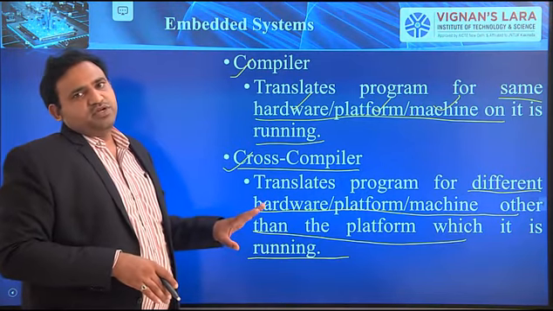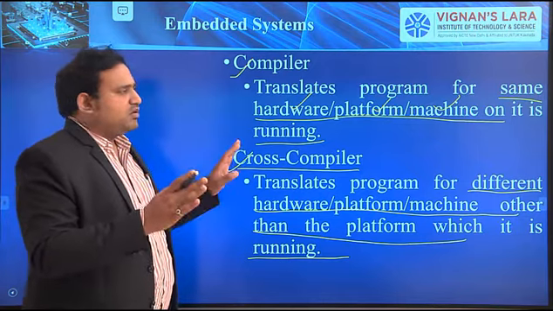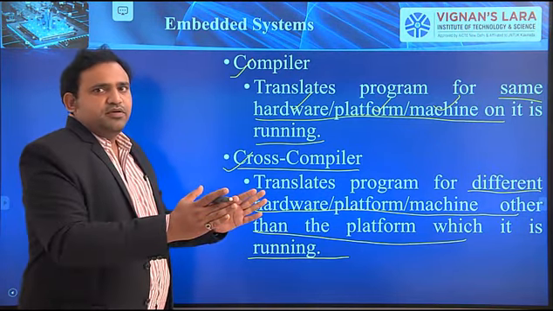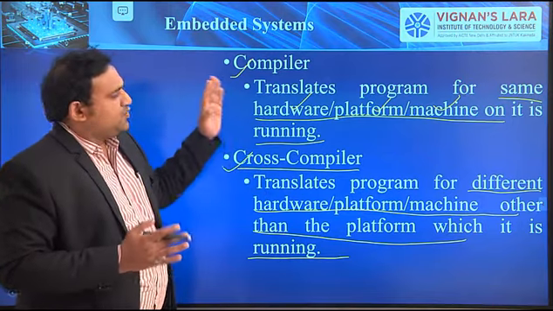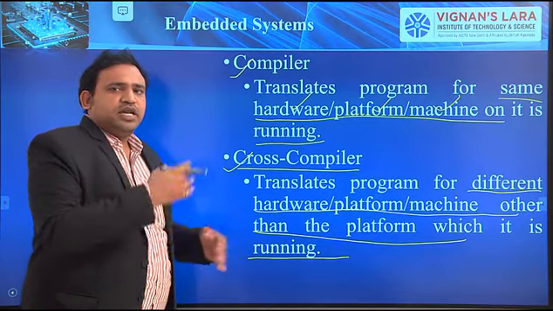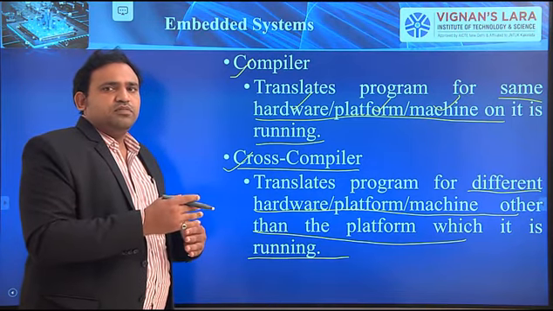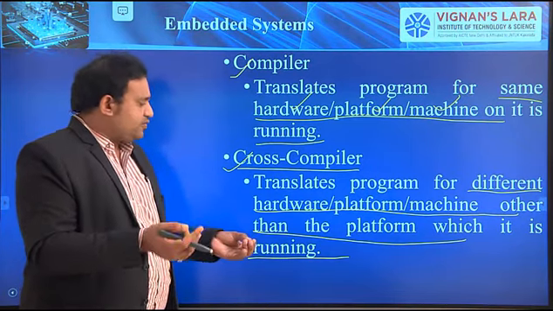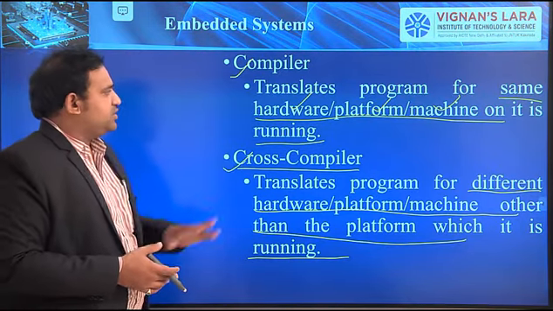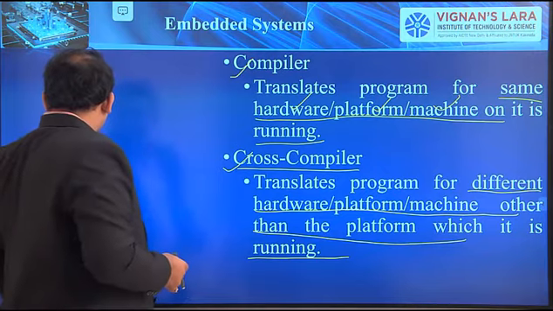That's the main difference. If it is translating the program for only one specific platform, hardware or machine, it is said to be a compiler. If the translation is for different platforms, different hardware, different machines, it is a cross compiler. This is the major difference between a compiler and a cross compiler.